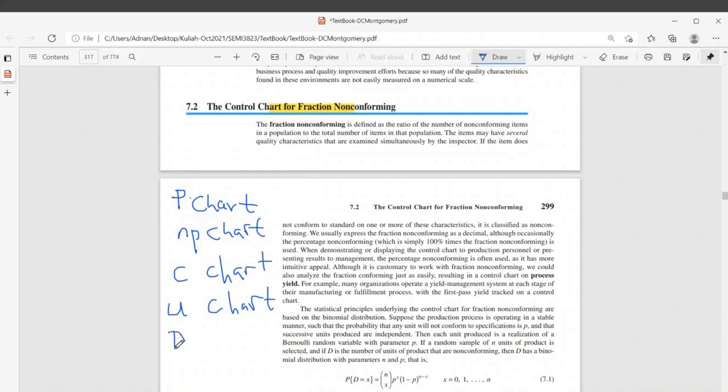These are the charts that I will discuss, inshallah, by next week. Now we're going to focus on variable control charts. Please read chapter 7 on attribute control charts.